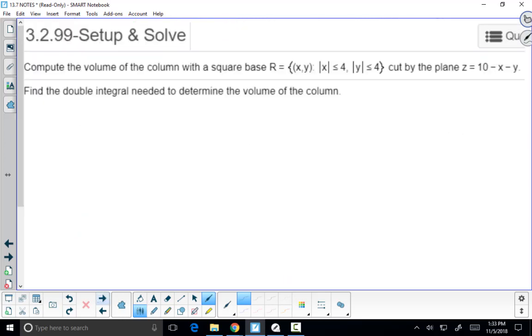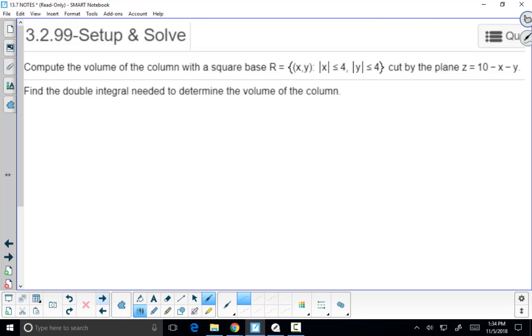All right, so let's go to this one. Is this the trough one? Isn't this number 2? It's 97. I don't even know what this is. Find the volume of the column with square base and cut by this plane. Do you know what one this is? No, it's probably the second. Is this 13.7?